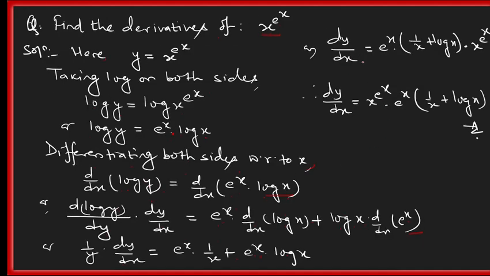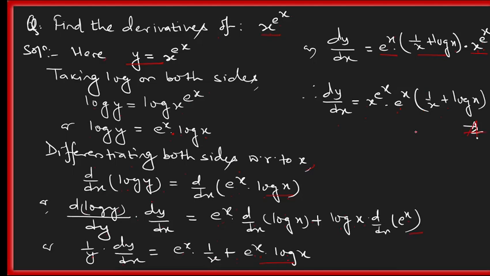Here e to the power x is common, so 1 by x plus log x in this part, and y goes to multiply, that is x to the power e to the power x. Now managing this, dy by dx equals x to the power e to the power x times e to the power x times 1 by x plus log x, this is the final answer.